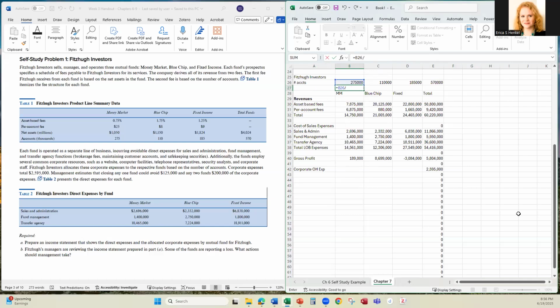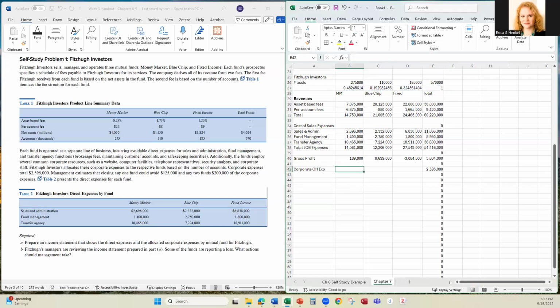And I'll put this $E$26 so that I can drag this over here. All right, and if I sum these up, it should equal 1. All right, and it does.